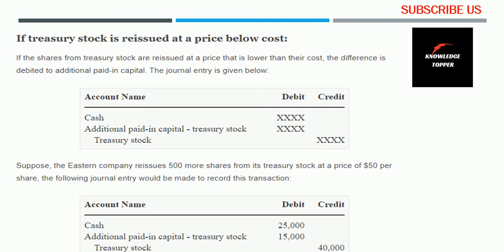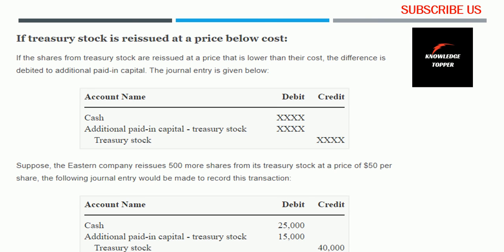We debit cash and additional paid in capital. Remember, in our second example we credited additional paid in capital, but in this we debit additional paid in capital. So you must remember these two important things while solving these types of questions. If the shares from treasury stock are issued at a price lower than their cost, the difference is debited to additional paid in capital.